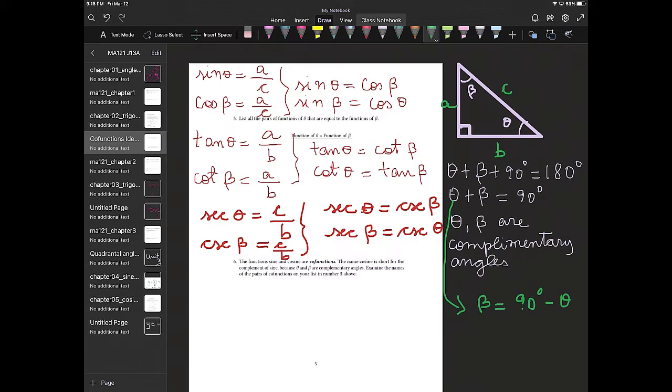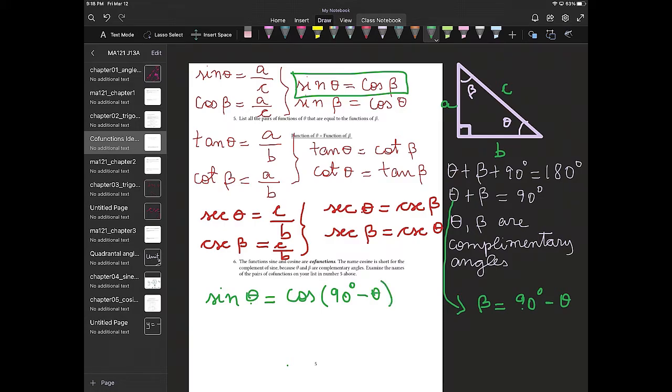Looking back at the relationships that we have, for example, sine of theta equals cosine of beta, we can rewrite that as sine of theta equals cosine of beta, where now I'm going to use the relationship of beta as 90 degrees minus theta.